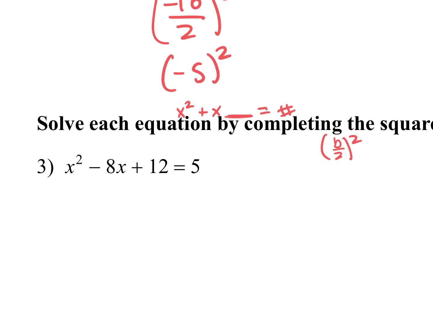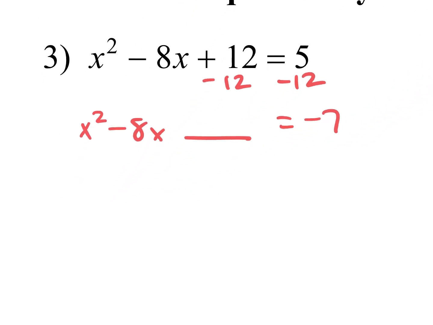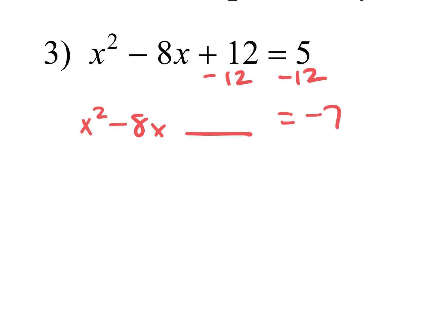So what do I have to move in number 3? Awesome, I have to subtract 12 on both sides. So this is x squared minus 8x is equal to, what's 5 minus 12? Negative 7. Now what's the formula I use to complete the square?